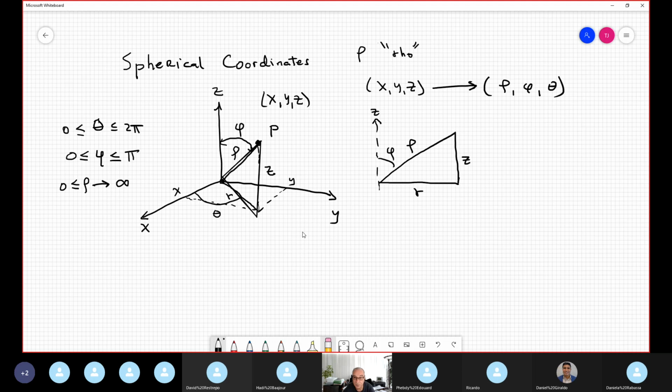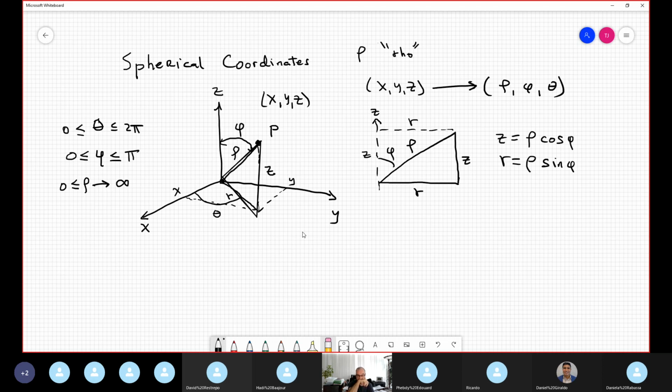Therefore, this is R again, and this is Z. So, using elementary trigonometry, cosine is adjacent over hypotenuse, so Z is rho cosine phi, and likewise R is equal to rho sine phi.